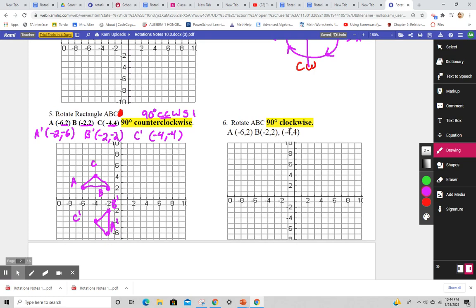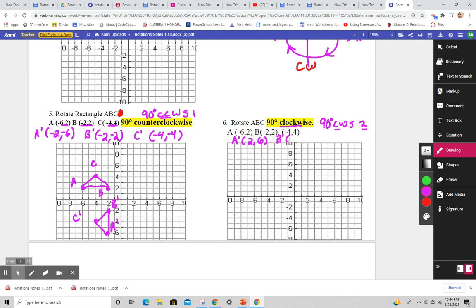Okay, rotate ABC 90 degrees clockwise. Why don't you go ahead and pause the video and do this by yourself, then turn the video on and check yourself. And switch the sign of the second.